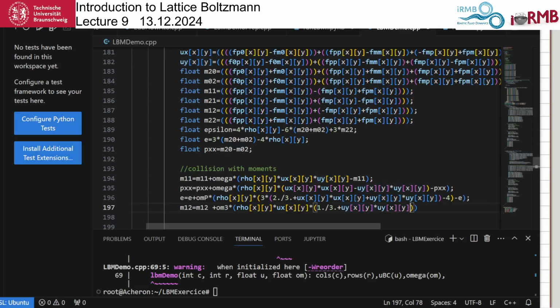So this is the equilibrium for that moment, right? Minus M12. I hope this was right.